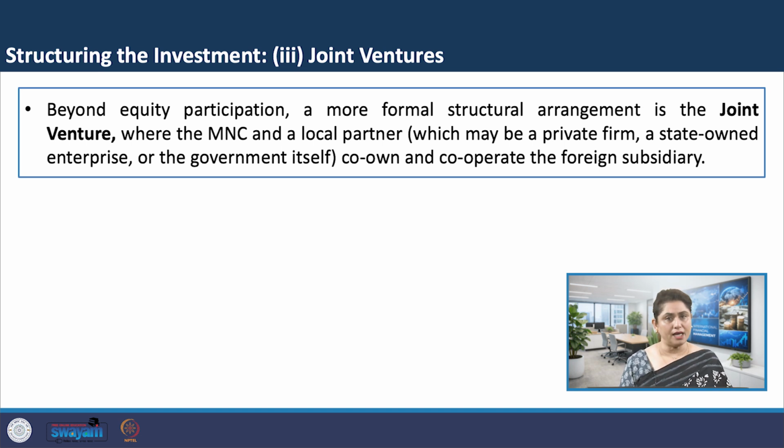It is a formal arrangement in which the MNC and the local partner, which may be a private company or a state-owned enterprise or a government itself, co-own and operate the foreign subsidiary as a shared enterprise. Both parties contribute capital, share in the profits and losses, and typically share in the governance of the entity.